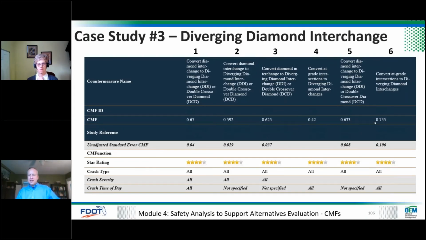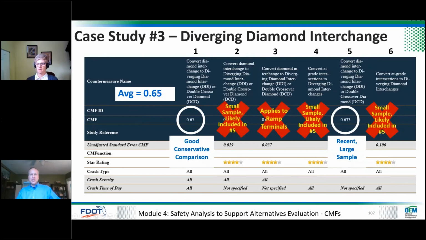They're in the same general range, but when we dug into them, we realized that number 2 had a small sample and included a state that was included in the one I just showed you that had all those states in it. So the data was probably included in the other study, and this was a very small sample.